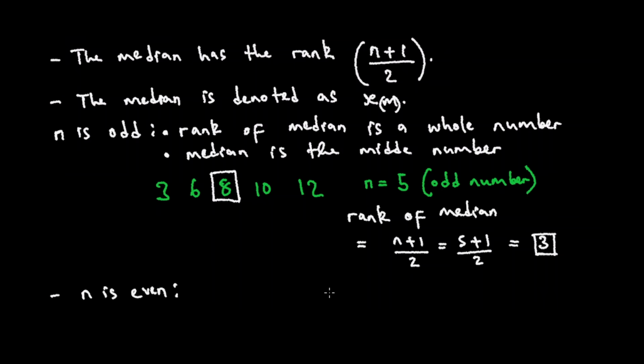So what happens when n is even? The rank will be a half rank. The rank is a half rank. That means it's not a whole number. Don't be confused by this term.